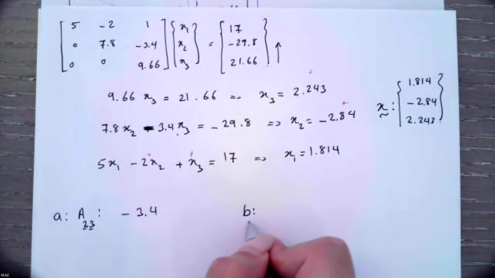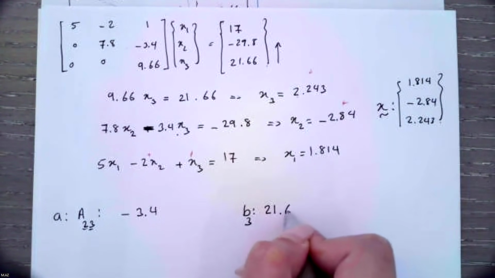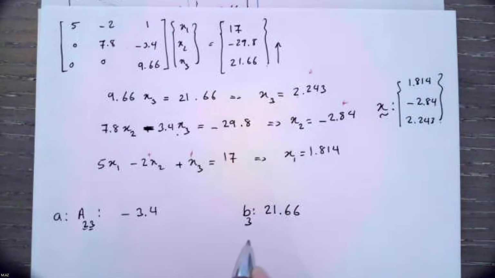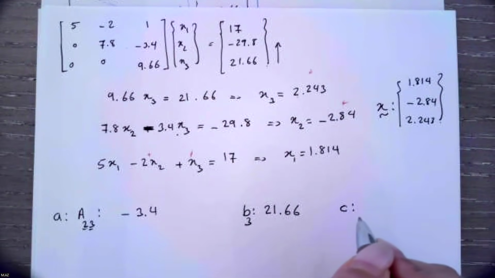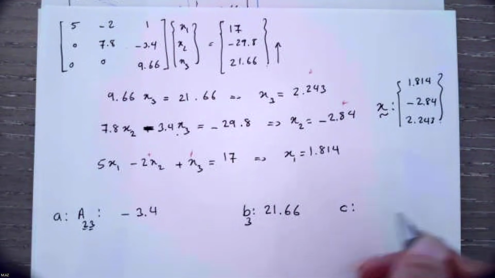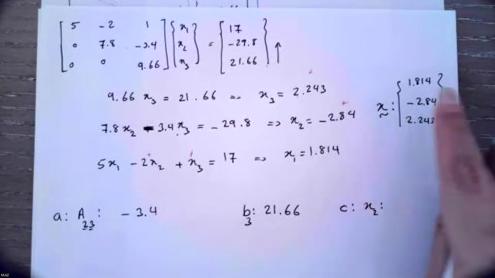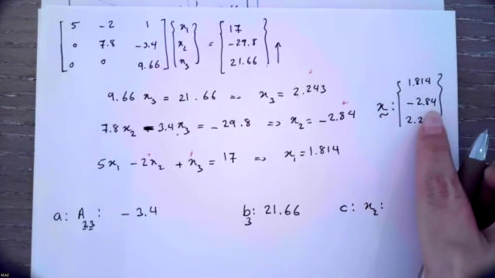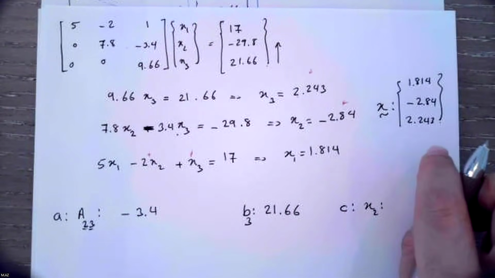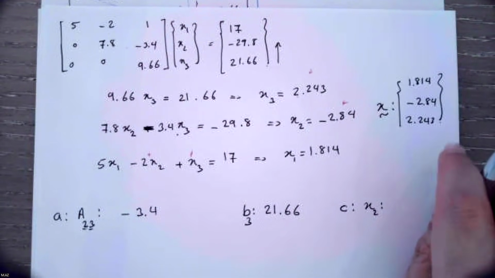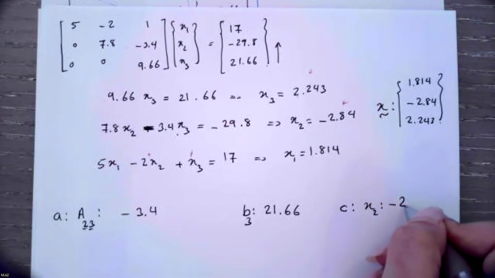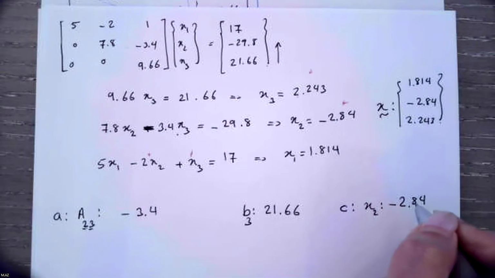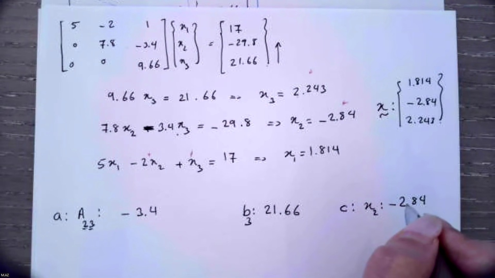The value is 21.66. For part C, the value of x2. If you look at the vector of x, our solution, the value of the second variable is negative 2.84.